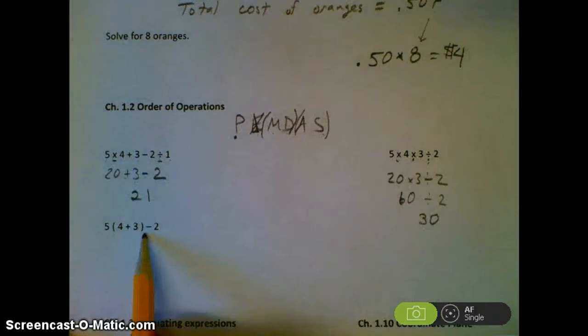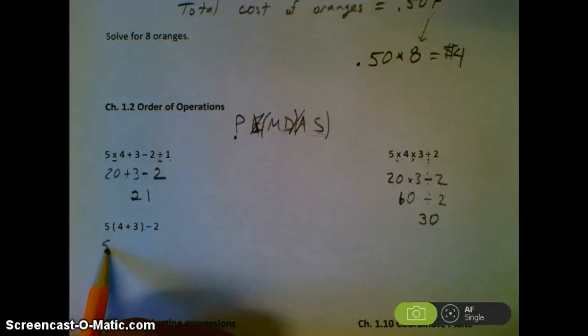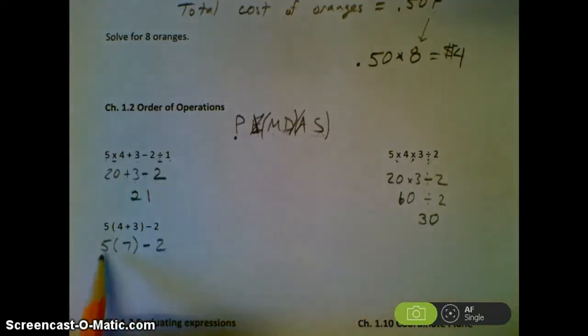Now I've got some parentheses. 5 times, open parenthesis, 4 plus 3, close parenthesis, minus 2. We do parentheses first. So 4 plus 3 is 7. Minus 2. Now I have to do the multiplication before I do the subtraction. 5 times 7 is 35.